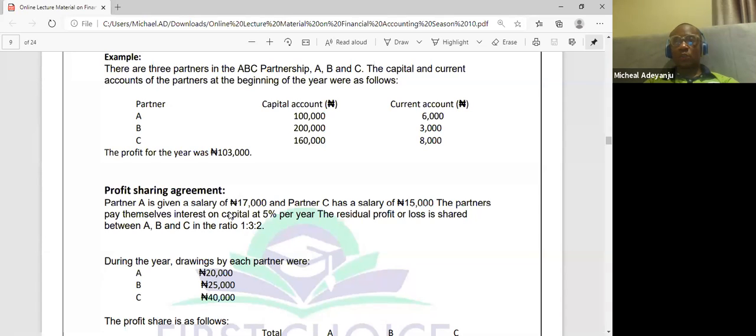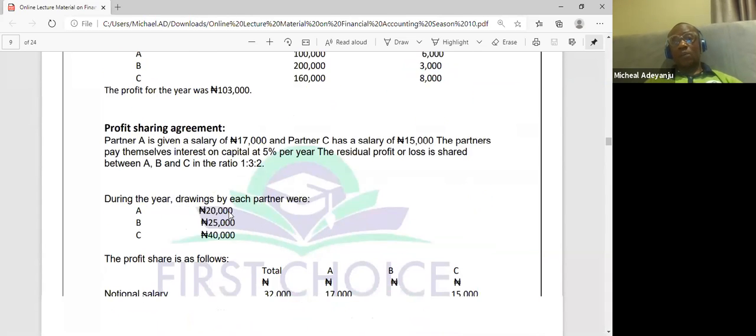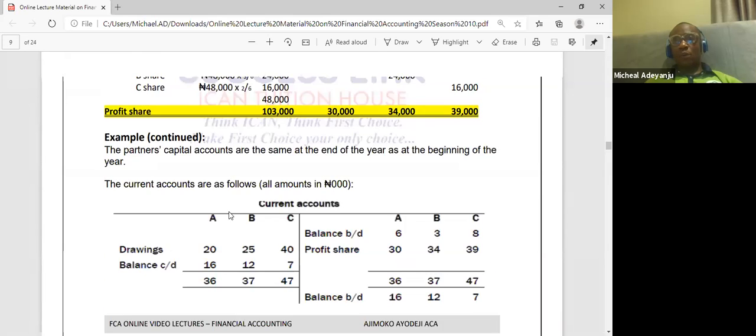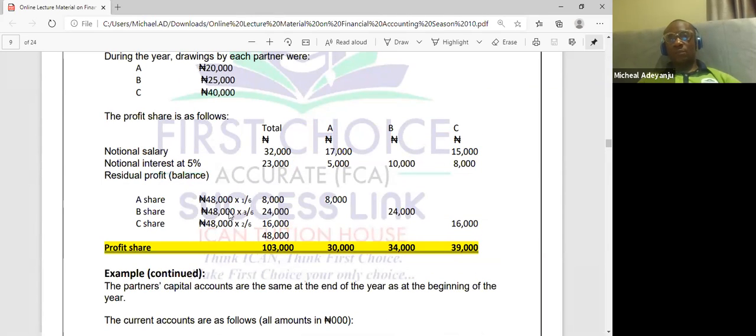The residual profit or loss is shared between partners A, B, and C in the ratio 1:3:2. In addition, during the year, drawings of each partner were 20,000, 25,000, and 40,000 for partner A, B, and C respectively. Then, how is the profit sharing going to look like?